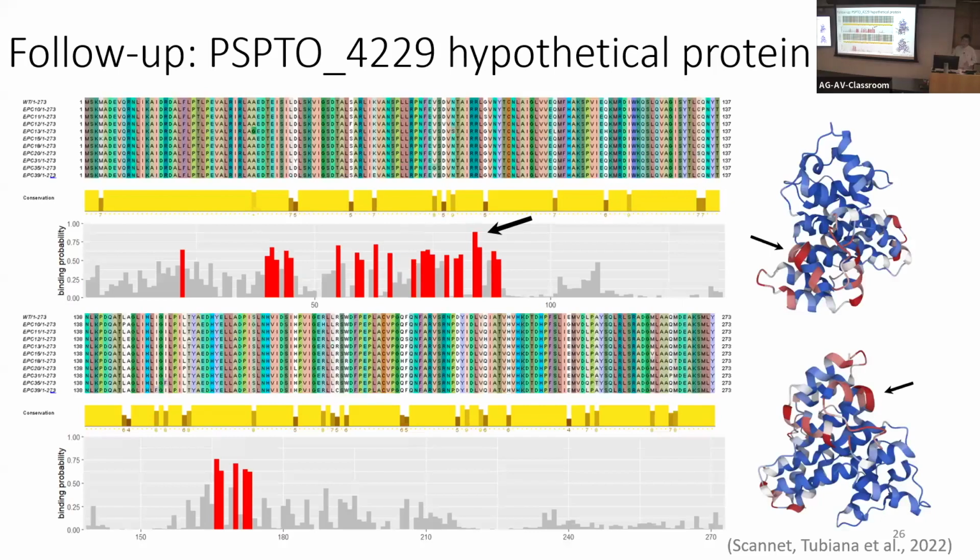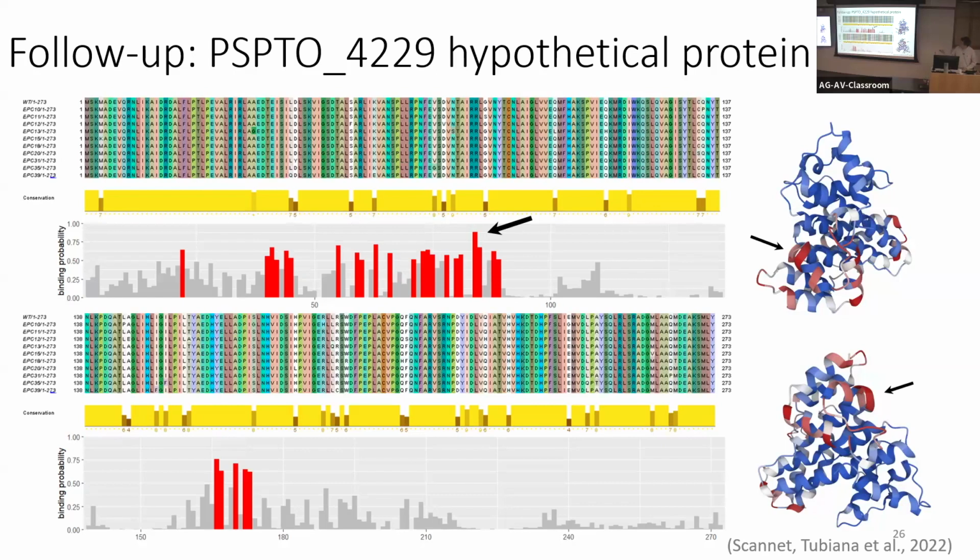Here I'm showing all the amino acid sequences we got that are still full length. And I'd like to direct your concentration to the conservation plot here in yellow. These are where we found, among those full-length sequences, mutations from the wild type, which is on top. We also use a tool called ScanNet, recently developed, which can predict protein-protein interaction by just inputting the amino acid sequence. It gives a prediction for each amino acid residue of how likely it is involved in protein-protein interaction.